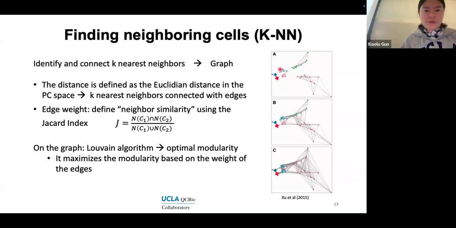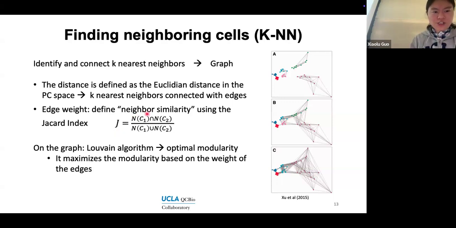However, before directly using this graph to define the clusters, we want to give each edge some weight, since not all of these edges should be given the same weight. To give them weight, we use the Jaccard index, which is the neighbor similarity.